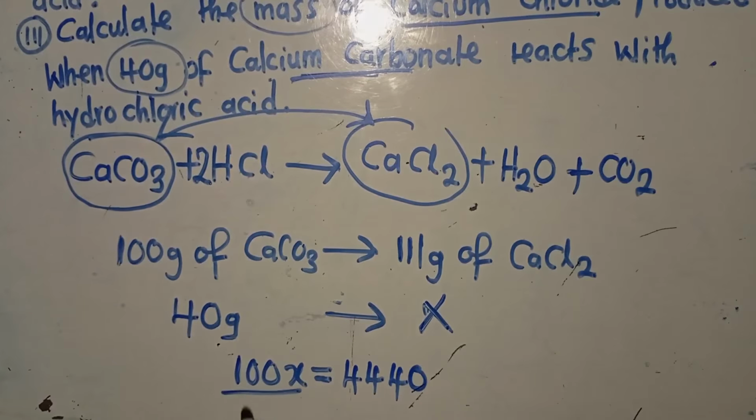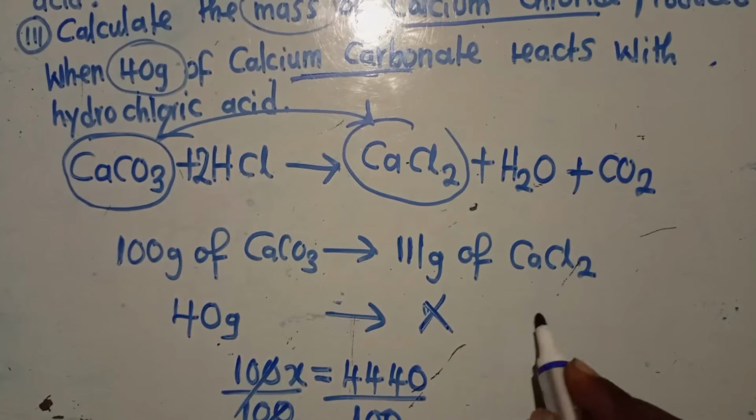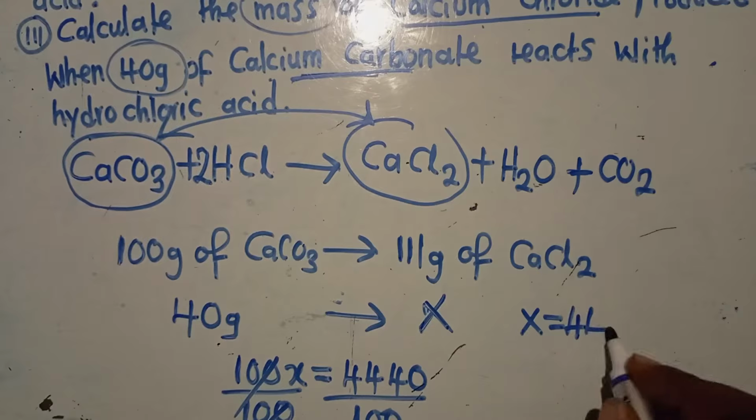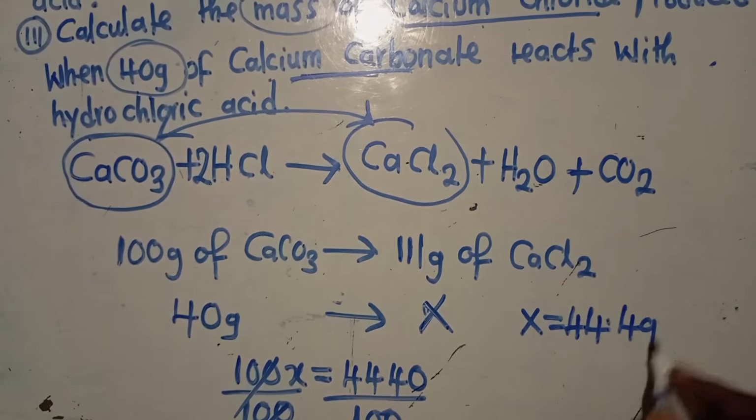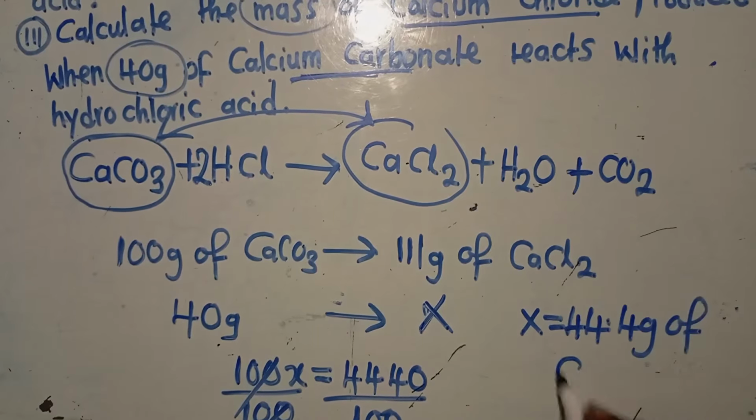I divide by 100. Even there I divide by 100, this and that will cancel. So x is now equal to 4440 divided by 100. What answer am I going to get? 44.4 as the answer. So I'm going to say it is 44.4 grams of calcium chloride.